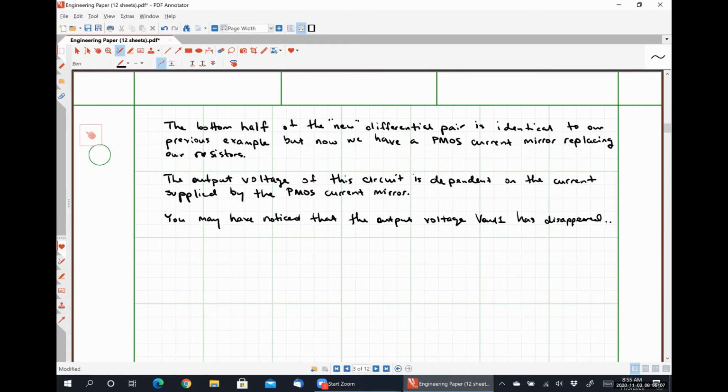We now have a single-ended output, which is a common topology used in a wide range of applications. All right.